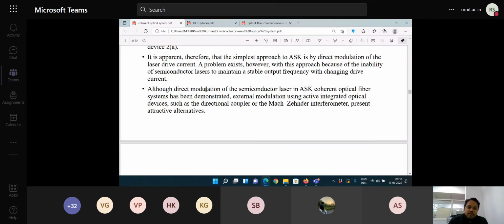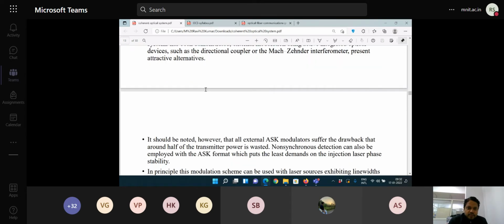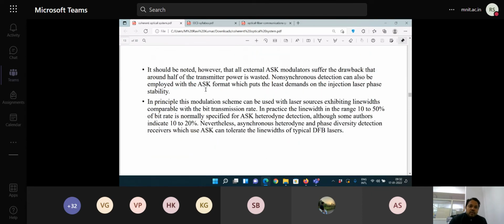That is the reason the Mach Zehnder interferometer is commonly employed for indirect or external modulation. But even these external modulators have the drawback of consuming a lot of power. Half of the transmitted power is consumed by the modulator itself.